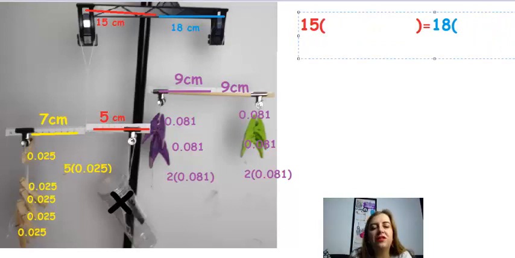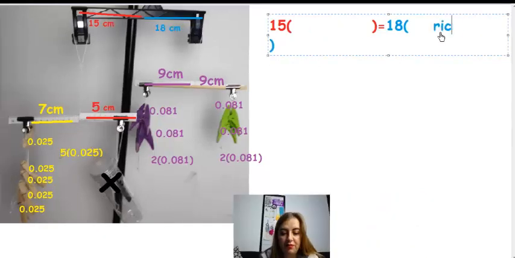Alright guys, so now that we have our parentheses, we need to figure out which values go inside the parentheses. Of course, here we're going to put the ones that are on the right side, alright?